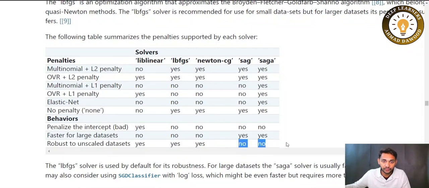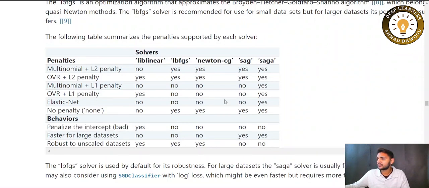Then, penalize the intercept: in the case of liblinear it can be used, and the others cannot be used here if you are penalizing your intercept. So I mentioned it's bad.